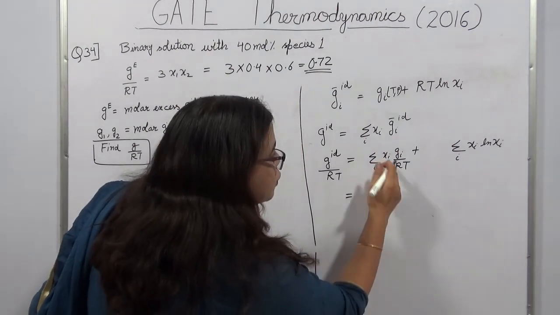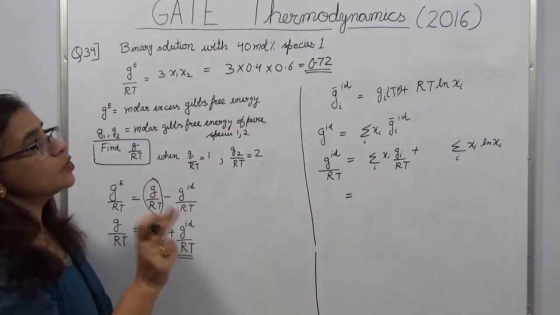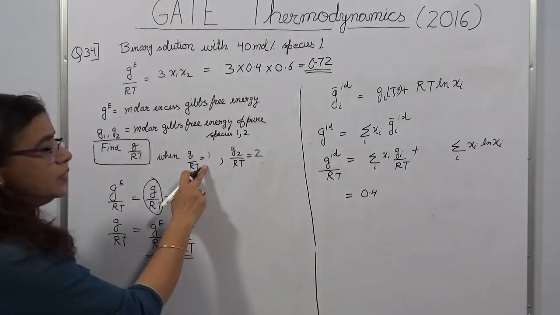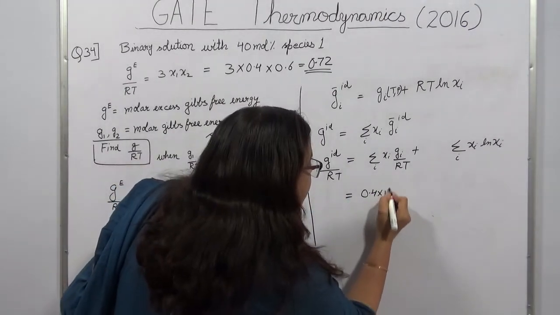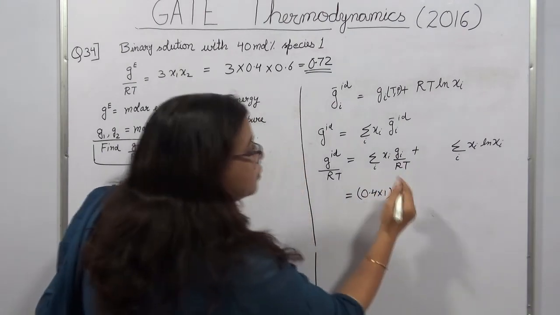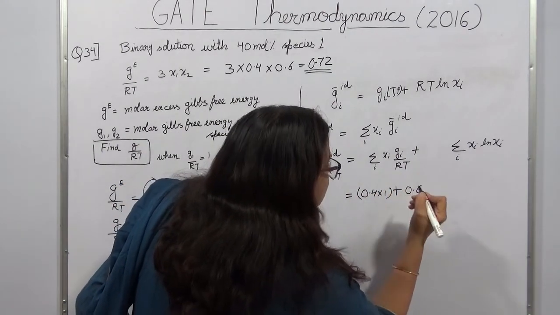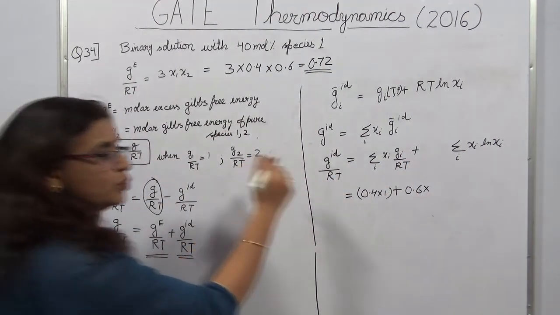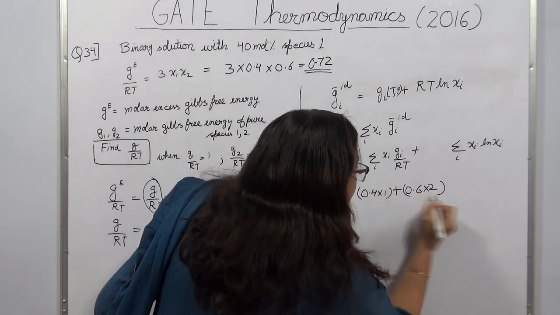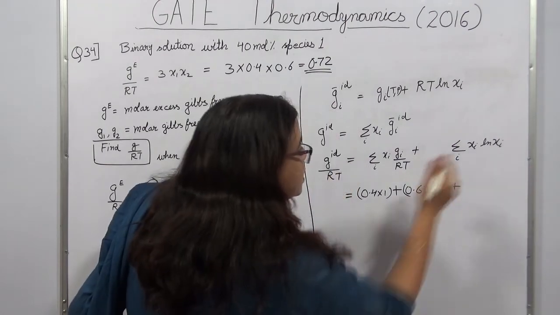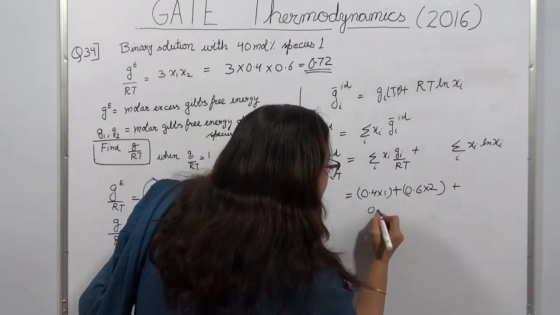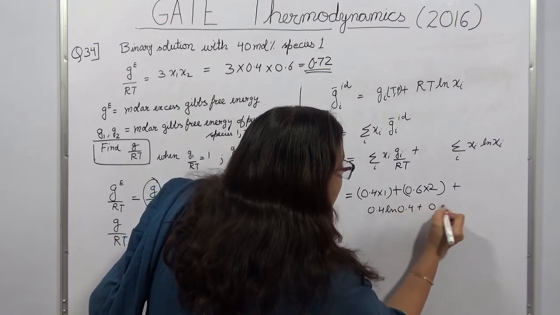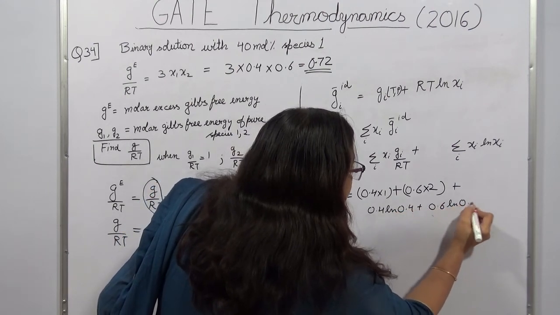Now plug in the values in order to find out your GID by RT. So for the first component x1 is 0.4, G1 by RT is given, that is 1, plus for the second component x2 is 0.6 and G2 by RT is given as 2, plus now do this summation xi ln xi, so 0.4 ln of 0.4 plus 0.6 ln of 0.6.